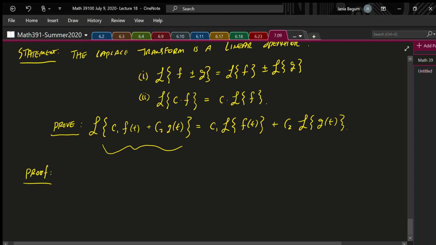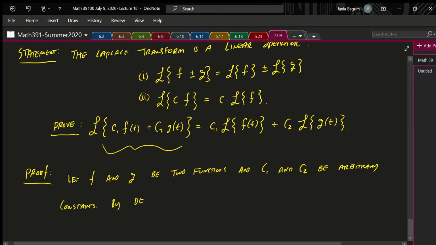So how do we start the proof? Well, by definition. Let f and g be two functions, and c1 and c2 be arbitrary constants. Then by definition, we have the following.